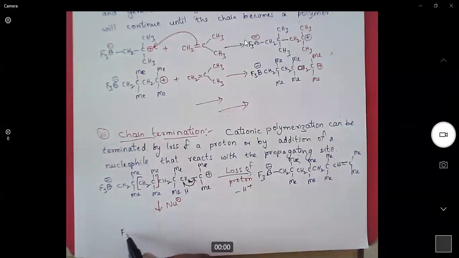So these are the two ways by which we can terminate the carbocation reactive center.